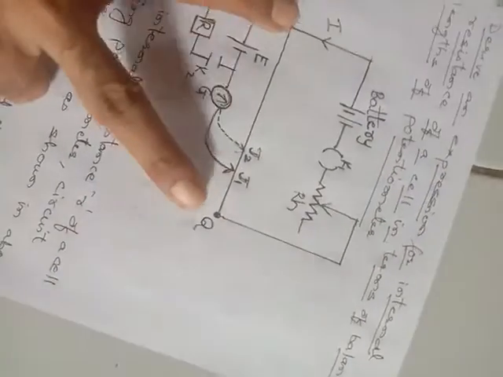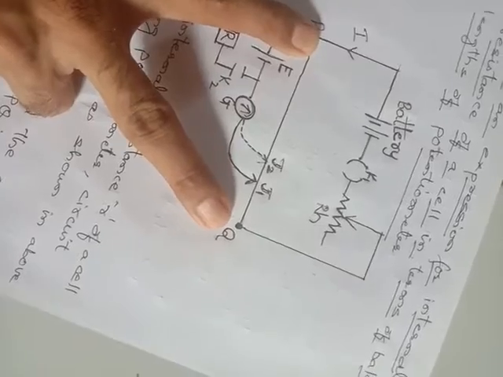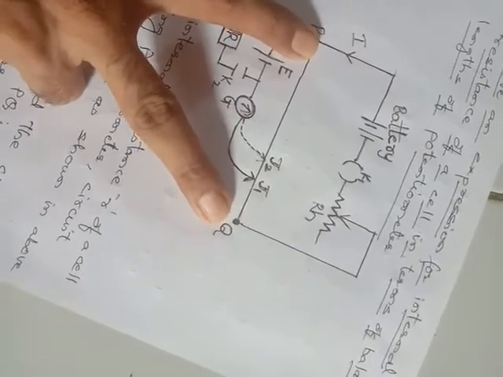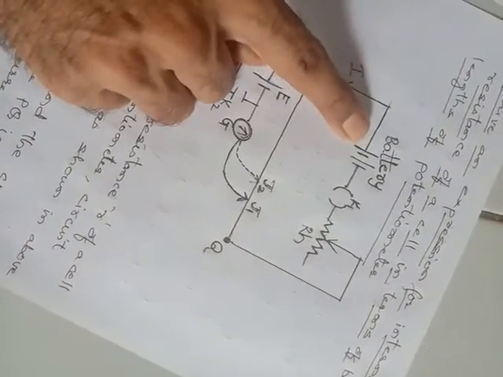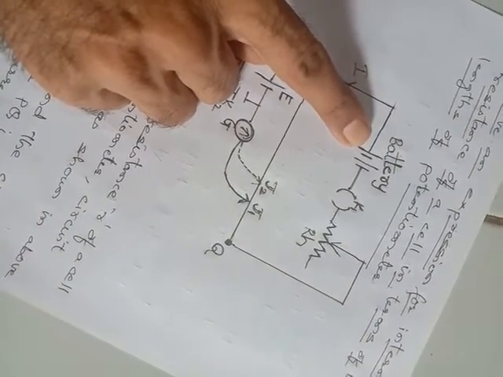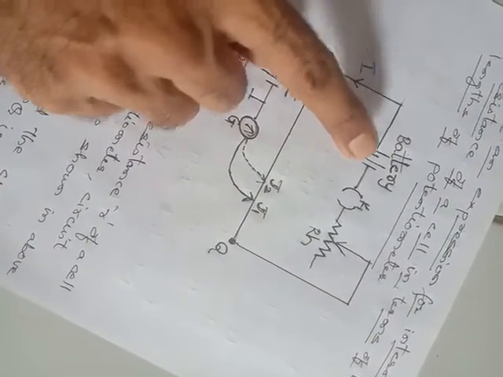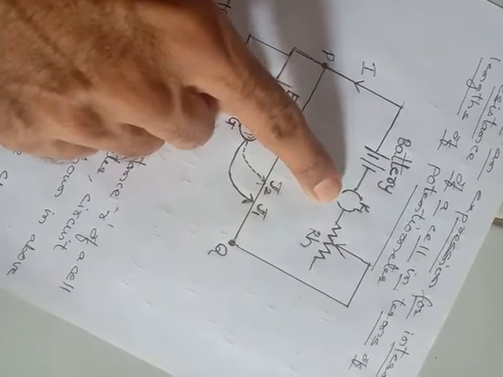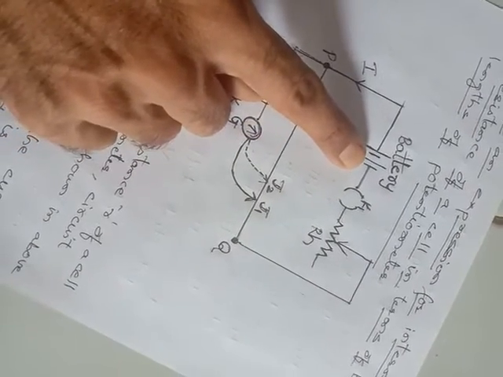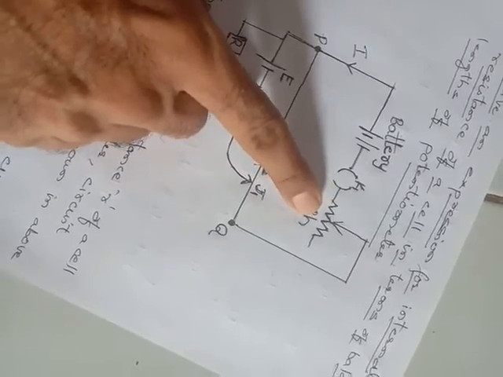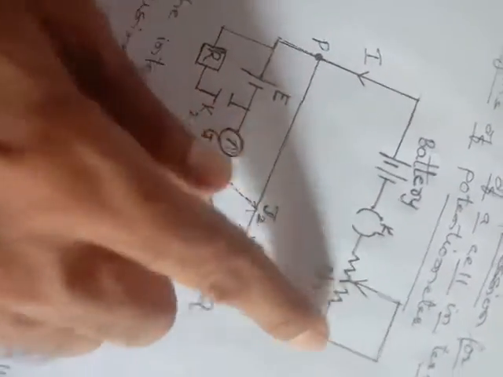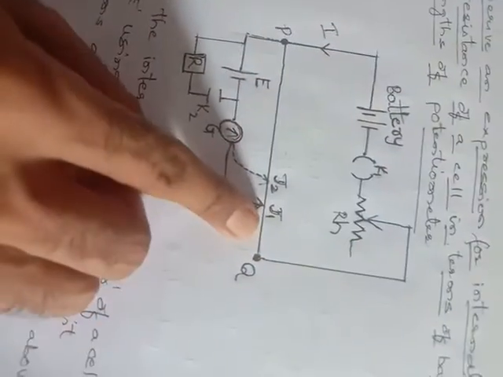Clear हो गया. So P and Q, these are the two terminals of the wire. To the P, positive terminal of the battery is connected. From the battery K1 is connected, and the negative end of the battery is connected to K1, and to the K1 rheostat is connected, and to the upper end of the rheostat Q point is connected.